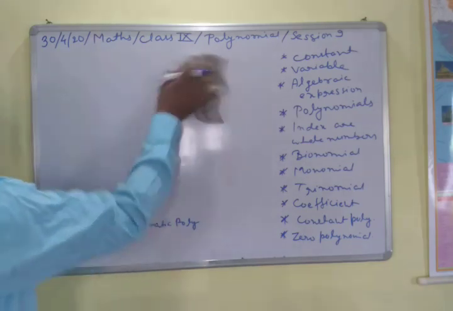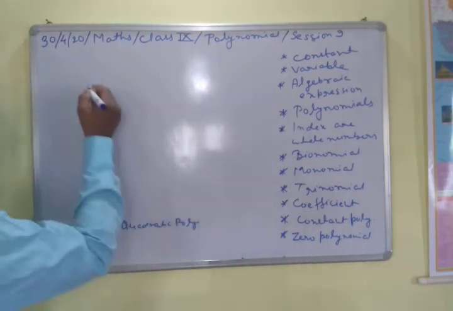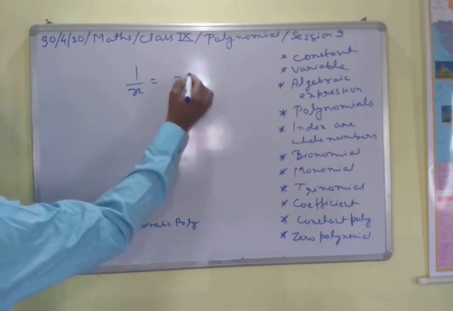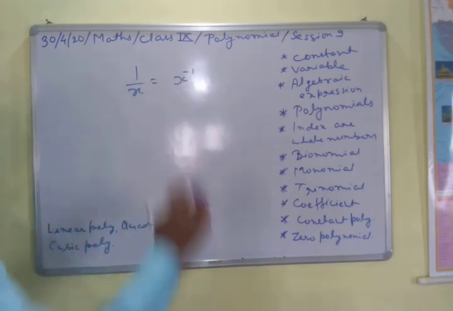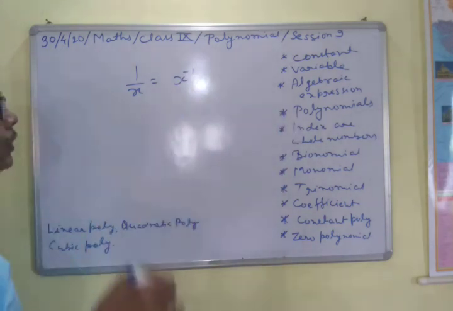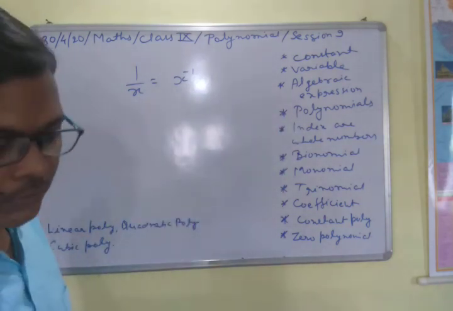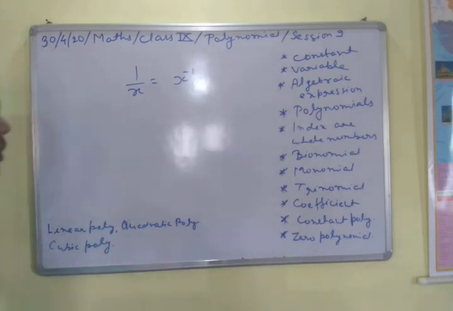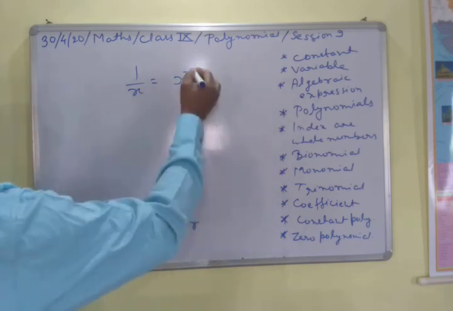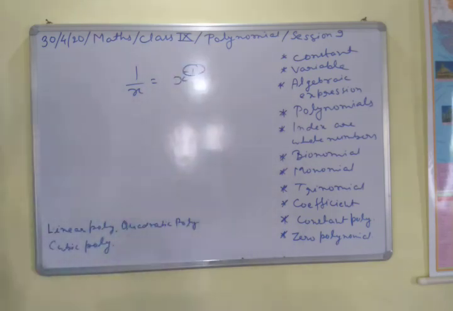So the difference here is, like for example, when you write 1 by x, so in this case the power of x is minus 1. So this will not be a polynomial in this case. So in case of polynomial, and here we are talking about a polynomial in which there is only one variable, or it may be more than one variable here, but the power of the variable, that is the index, must always be a whole number.